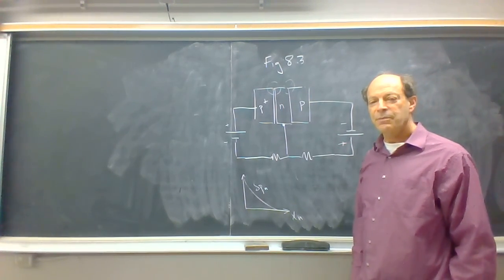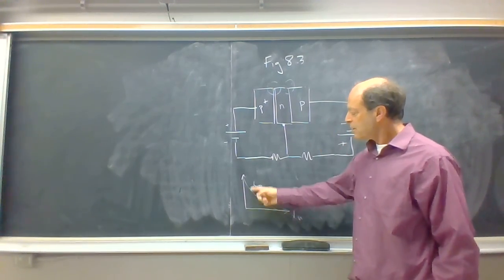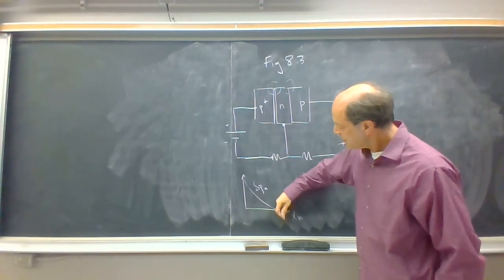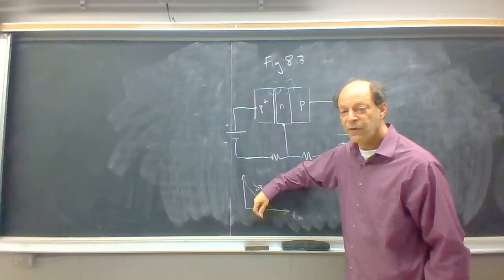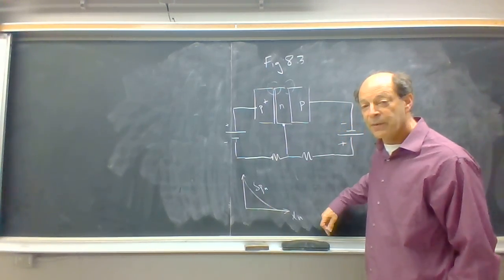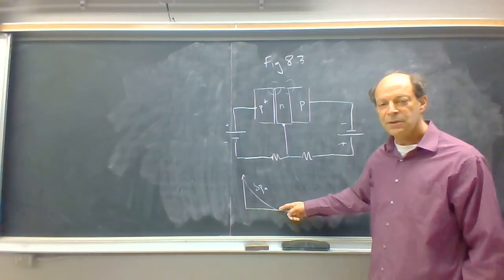The second junction, being reverse bias, will detect that excess number of holes, provided that the second junction is close enough to the first junction. If the second junction is way far out, the holes will have recombined before they can reach the second junction.